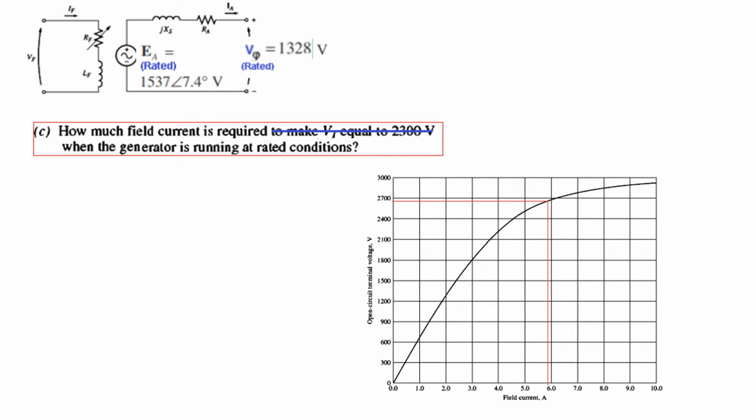So this is the open circuit characteristics curve. If we know the open circuit terminal voltage, we can find the field current. So let's head for the open circuit terminal voltage.